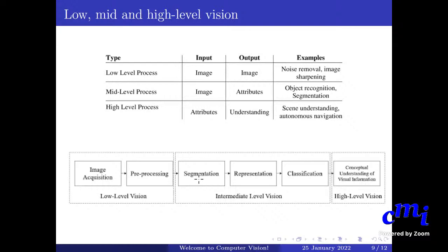It does it in a flash, so you don't even realize that you've done this entire process. But when an algorithm is being designed, you have to remember that you need to separate the objects that you're interested in. Segmentation will typically form a part of any computer vision algorithm pipeline. So segmentation, then, as I said, you want some attributes.